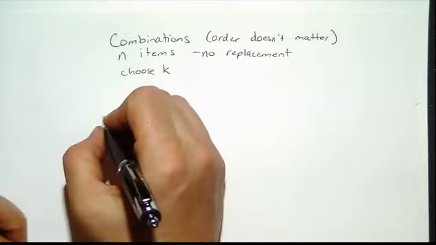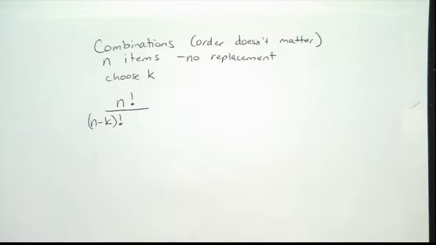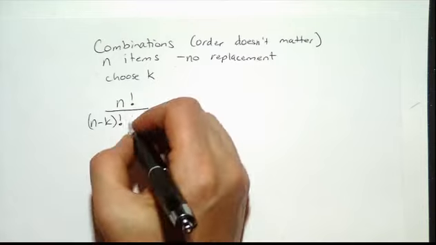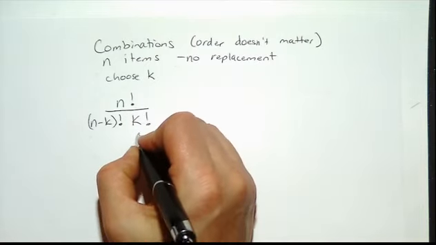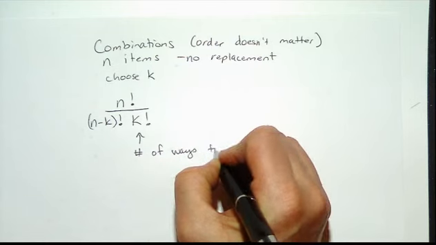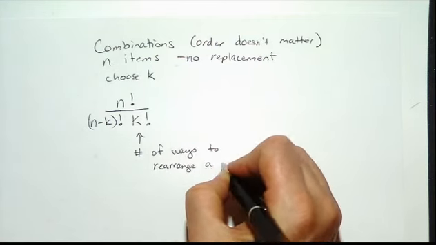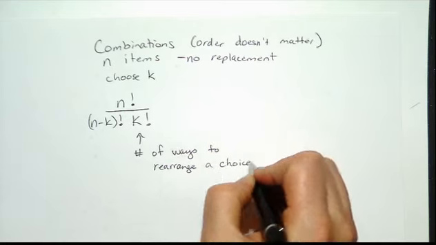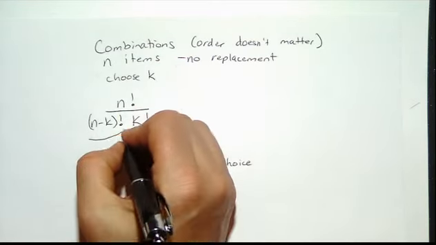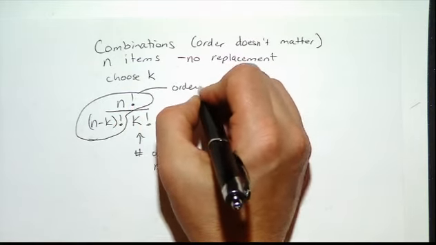Then we divide by n minus k factorial because we only are choosing k of them. That's how we get those first few terms of the factorial. And then we divide by k factorial. This is the number of ways to rearrange something that we choose. Remember that this part was the ordering of everything.